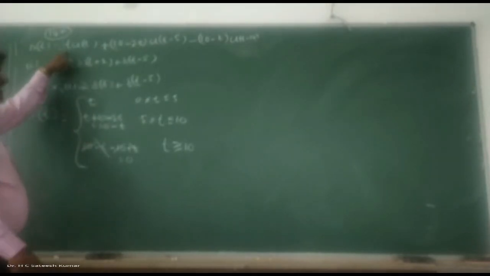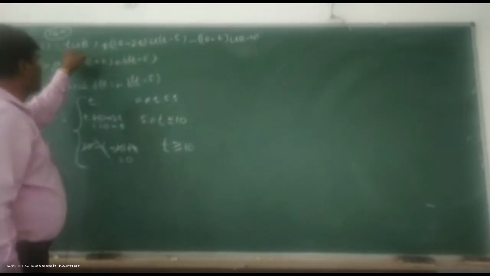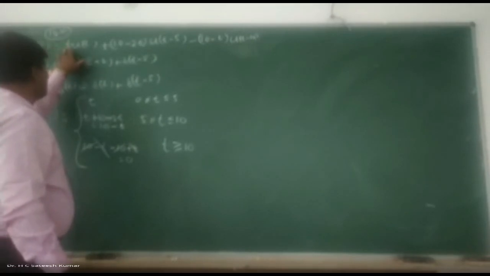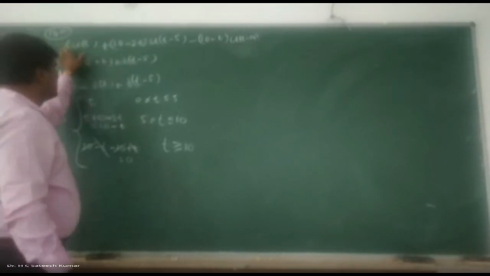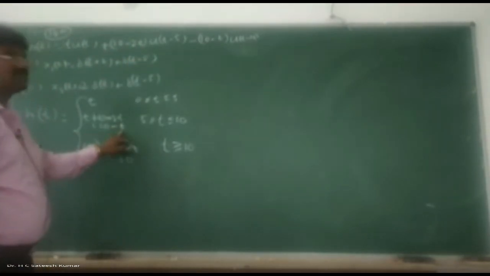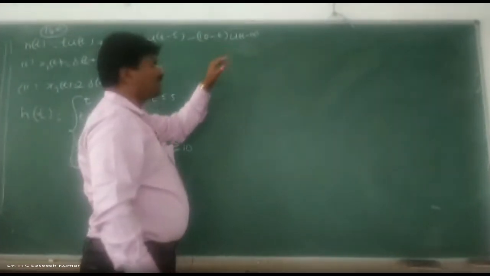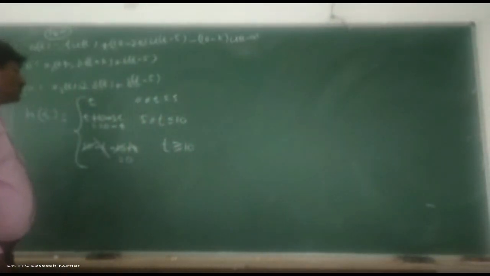Starting from 0, it is t. For this slope, I am adding this one, and we get 10 minus t. For 10 minus t, I am adding minus of 10 minus t, it becomes 0.